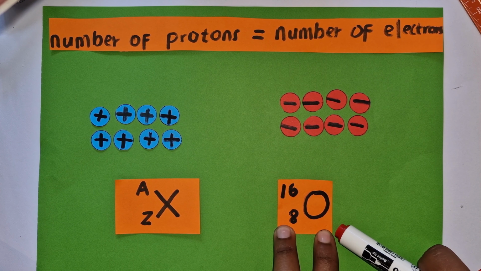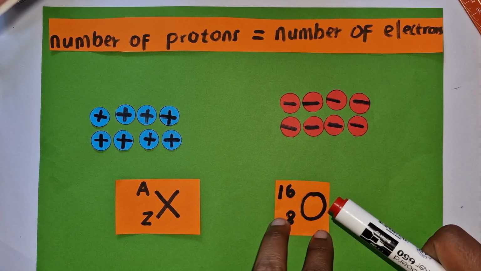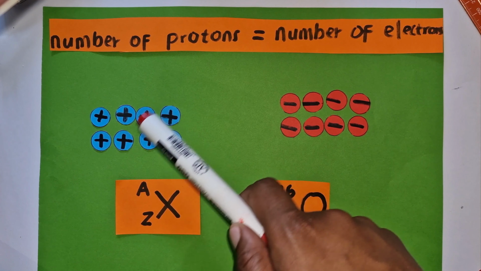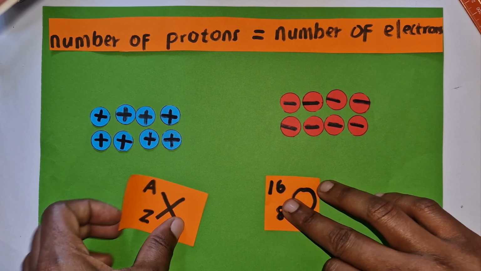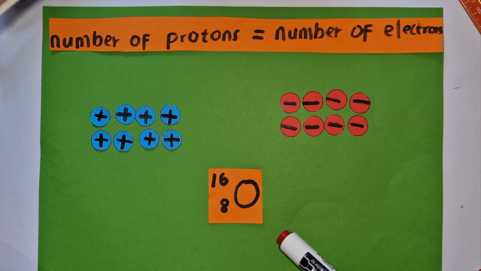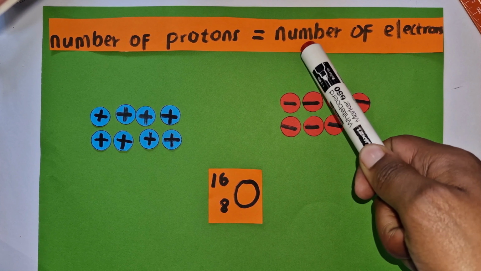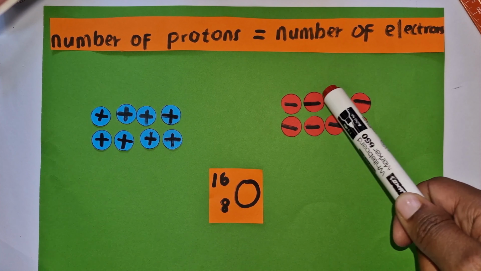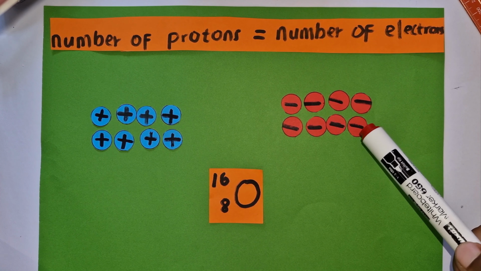So neutral oxygen has, as I mentioned, an atomic number of 8, meaning it has 8 protons. 1, 2, 3, 4, 5, 6, 7, 8. But because it is neutral, its number of protons will be equal to its number of electrons. So in essence, it will also have 1, 2, 3, 4, 5, 6, 7, 8 electrons.